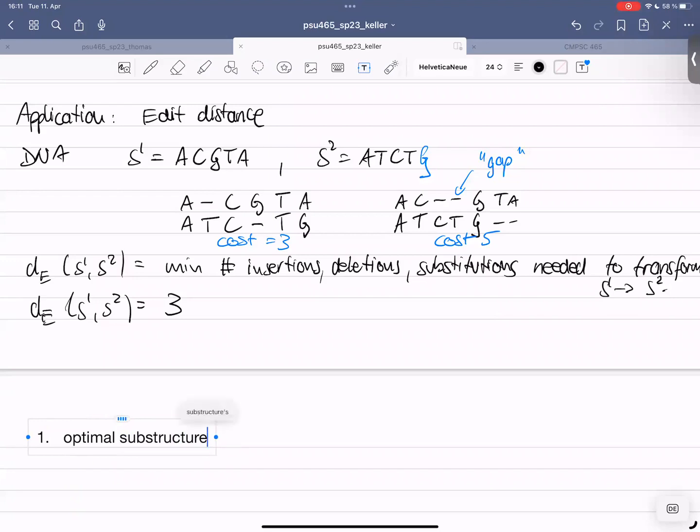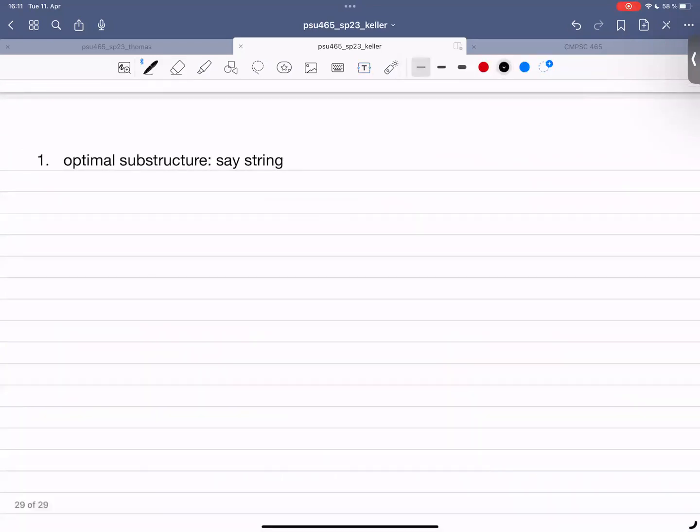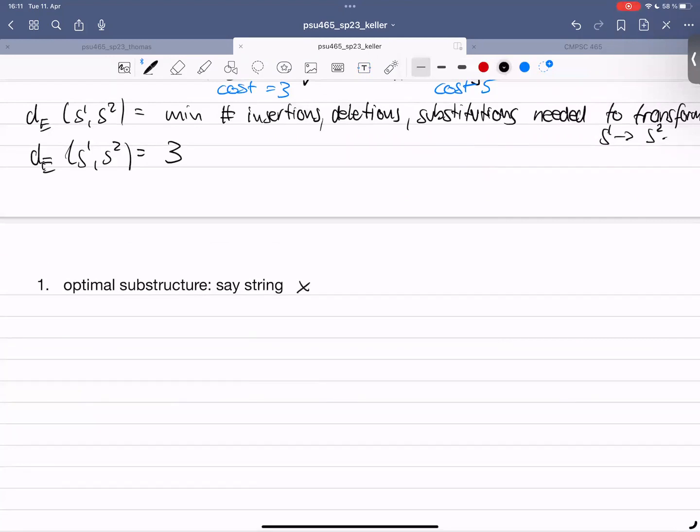Let's say that we have strings x and y. So x, the first string. Before we said S1 and S2, now we have x, which has length m. So it goes from x1 to xm.